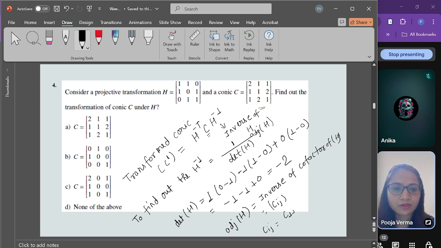We need to calculate C11, C12, C13, and so on. So we first need to determine all of these. Can any one of you calculate it first? Then take the transpose of that, oh sorry, not the inverse. We are calculating the transpose of the cofactor of H.